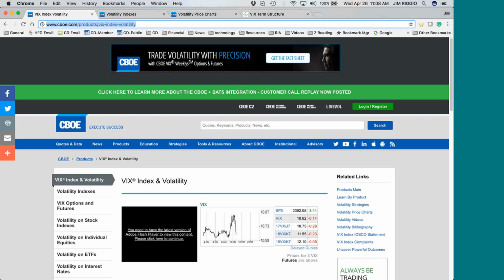We need a standard measuring stick to be able to judge what the implied volatility is of, let's say, the June options versus the July options, or the May options, because they're different time frames. So we can't simply use the volatility of how much it's going to move between now and expiration.